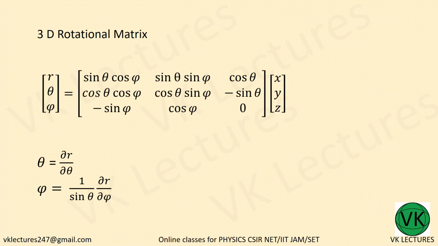A three-dimensional rotational matrix can be written in the form. So this is r, theta and phi.